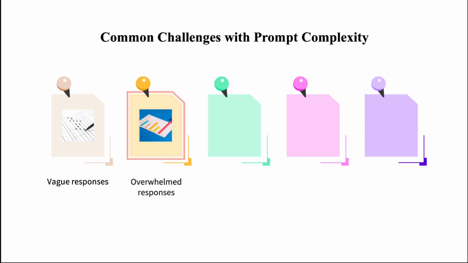Second, overwhelmed responses. High prompt complexity can overwhelm AI assistants, leading to incomplete responses or focusing on only some requirements while ignoring others. The AI assistant struggles to handle too many instructions at once.